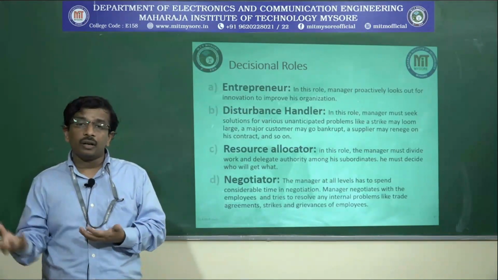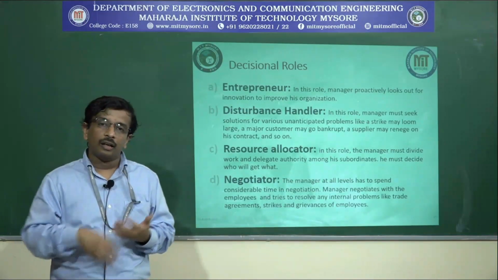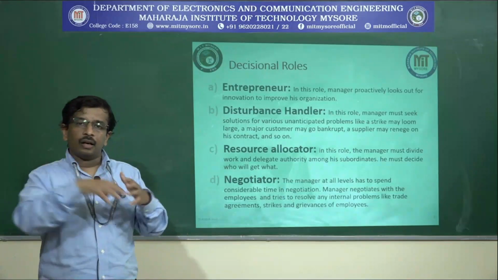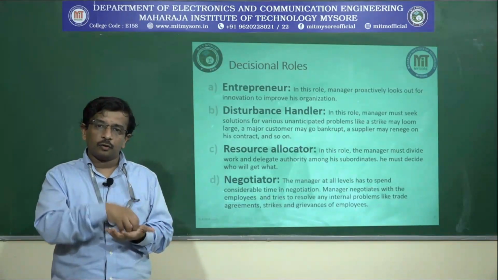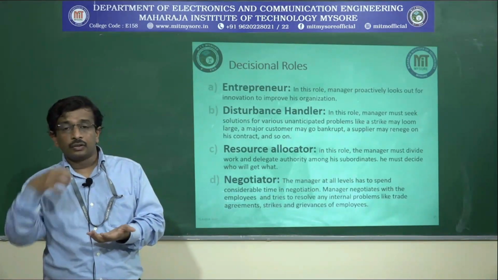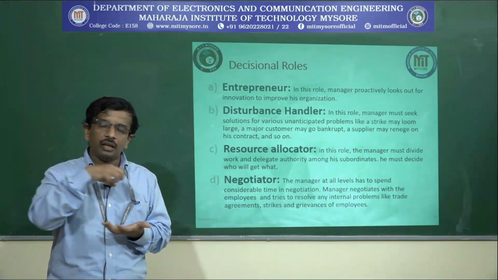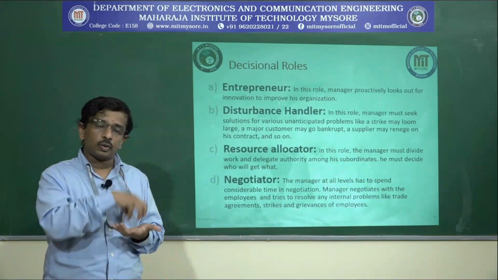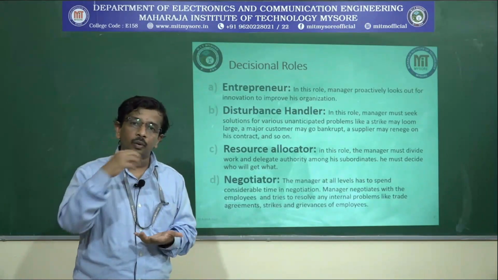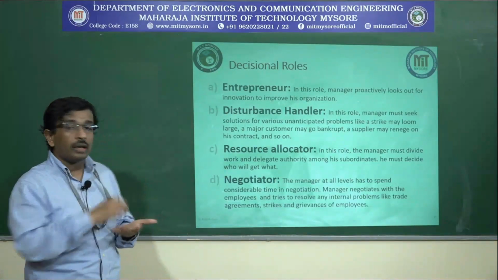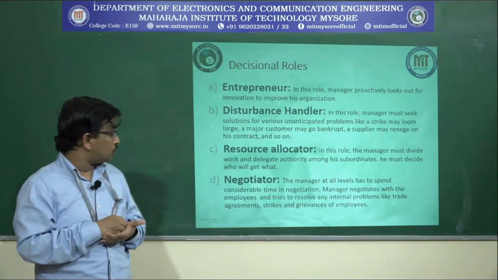So a particular resource has to be allocated properly. For example, a team needs 3 software engineers out of 5. The manager needs to decide which 3 engineers would be best suited for that job and allocate those engineers to that particular project or job.